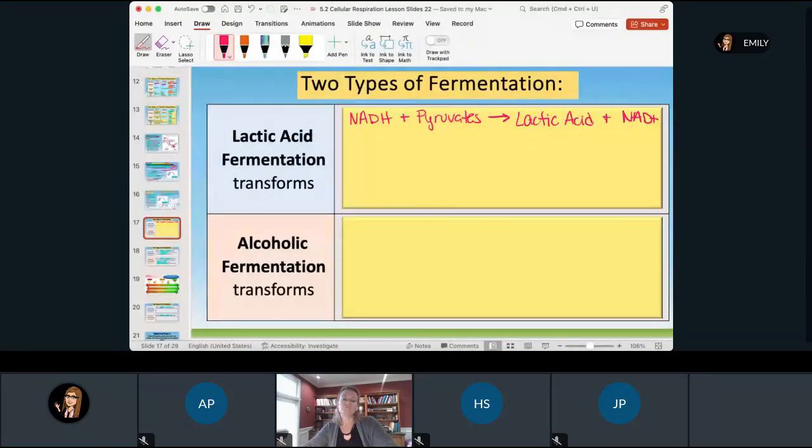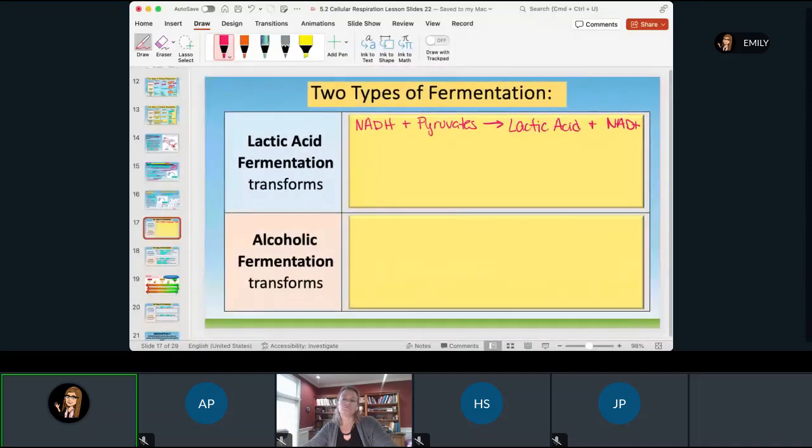Alcoholic fermentation starts with NADH and pyruvates, and it produces, does anybody have a guess what alcoholic fermentation produces? Yep, alcohol. It also produces carbon dioxide and NAD plus.